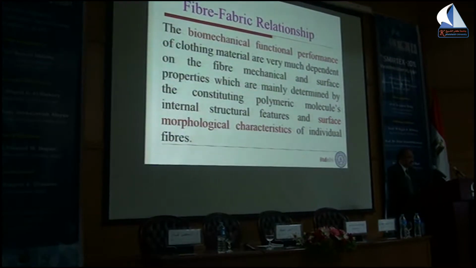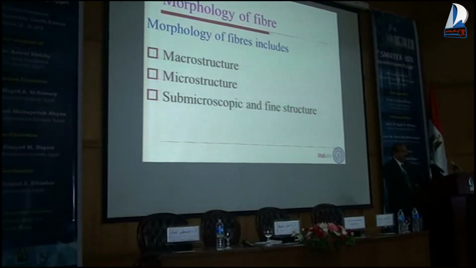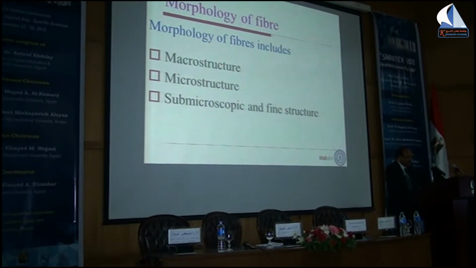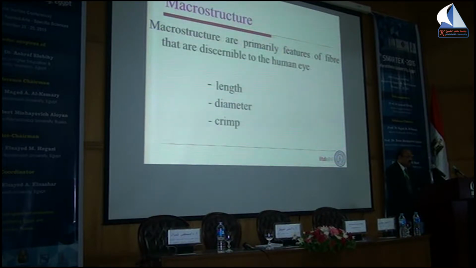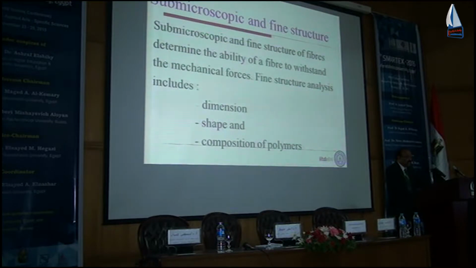If you look at these morphological characteristics of the fiber, which decide the biomechanical functional performance of fabric, we broadly divide the fiber properties into three categories: macrostructure, microstructure, and submicroscopic or fine structure. Macrostructure basically deals with length, diameter, and crimp. Microstructure means the surface properties and cross-sectional shape, and submicroscopic structure means the dimension, shape, and composition of the polymers. So in this case, the research is based only on deciding the cross-sectional shape.